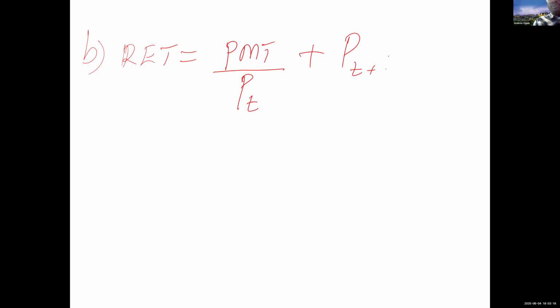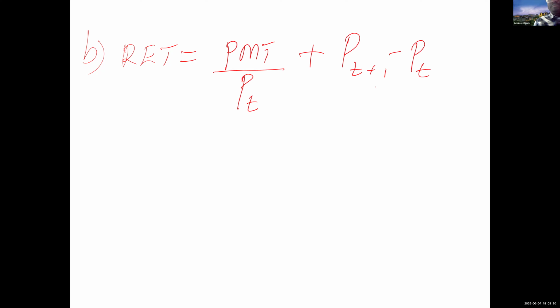Okay, so B, the return on this investment, or you can just call it the rate of return. We can abbreviate it and say RET, the return on this investment. You are going to take the payment that accrued to you when you owned the restaurant for 1 year, expressed as a percentage over the purchase price, plus the rate of capital gains, which we already got.